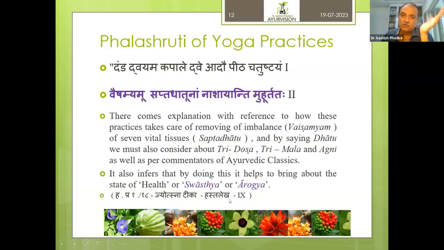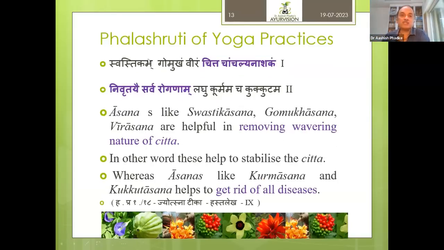According to the Josna Tika of Swami Brahmanandaji, it has been very clearly mentioned that we have to understand that way, and then give the recommendation, or make the person coming as a patient, or while teaching our students, understand this particular shlok in that way. Now, Swastikam Gomukham Veeram Chittam Chanchalya Nashakam Nivrutte Sarvaroganam Lagu Kurmam Cha Kukkutam.